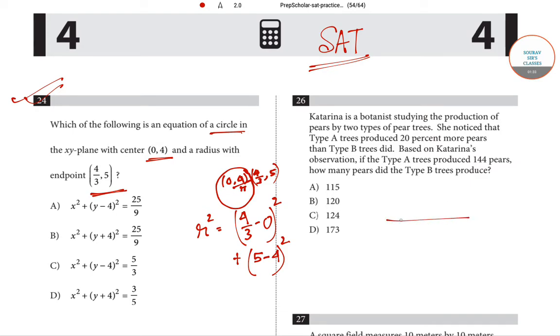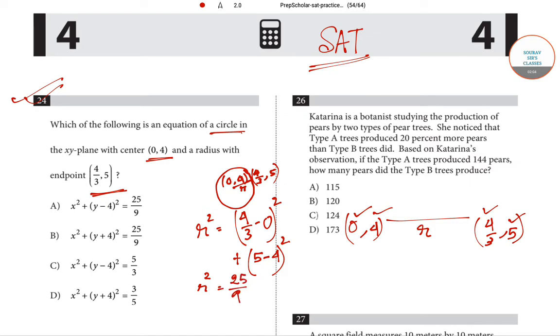This point is (0, 4) and this point is (4/3, 5). So to find the length of this radius, x2 minus x1 whole square plus y2 minus y1 whole square, that will be the r square.